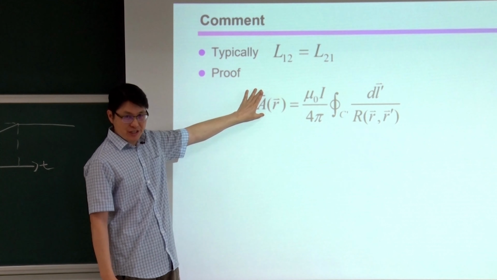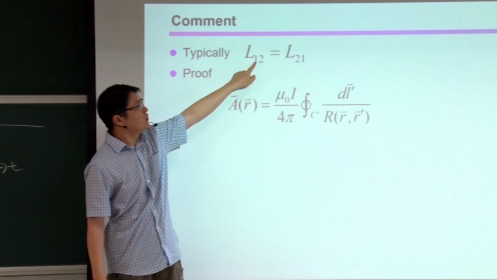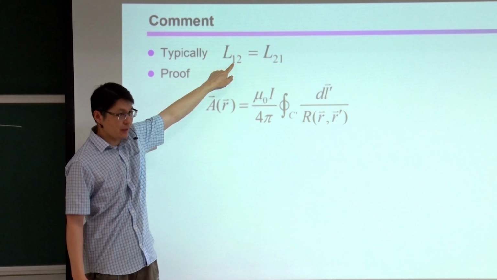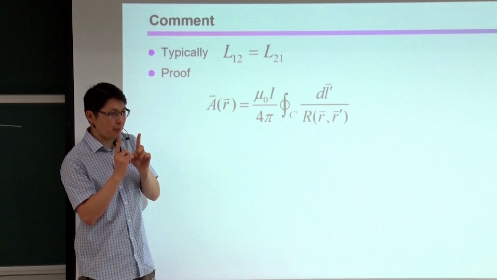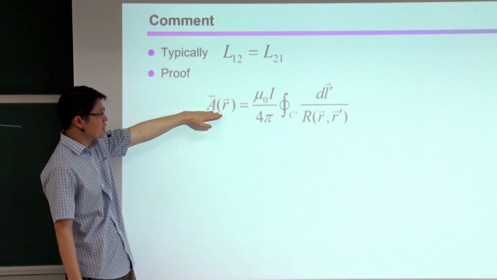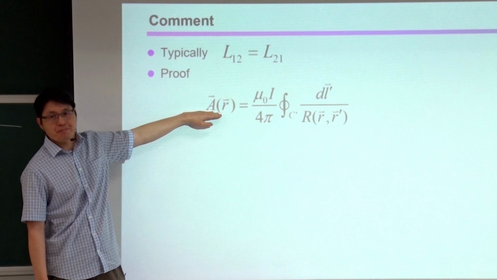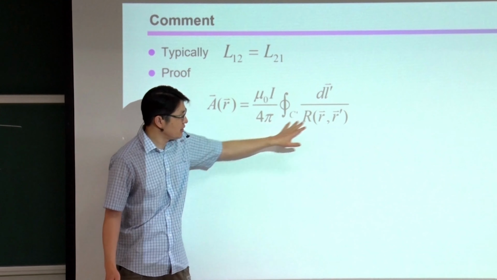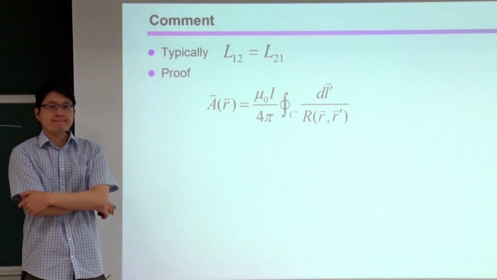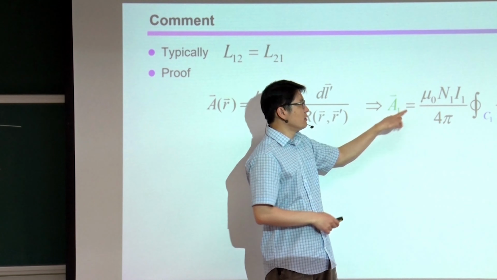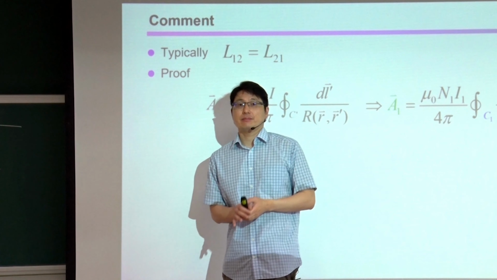Assume at first we have loop number 1 being operational, right? Only loop number 1 is operational. And we have this knowledge of vector magnetic potential, A, which is defined in this way, okay? If loop number 1 is operational, then we have A1, right?